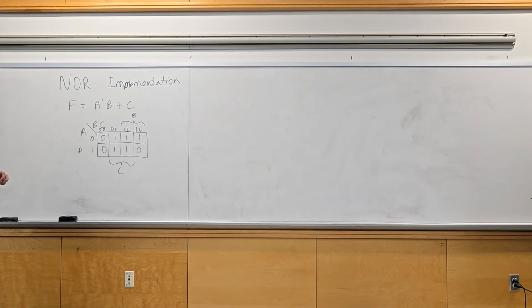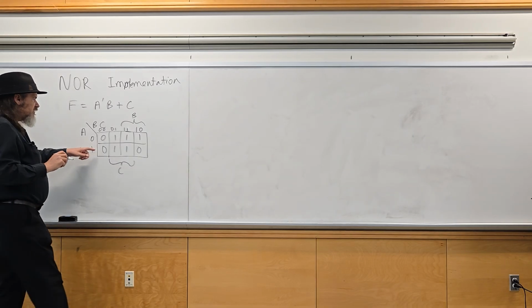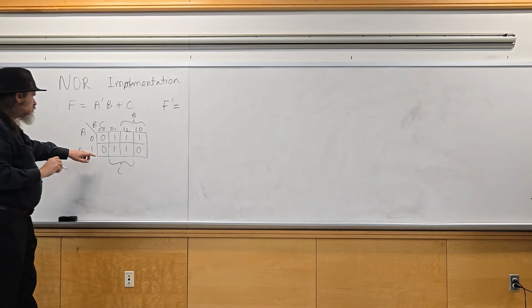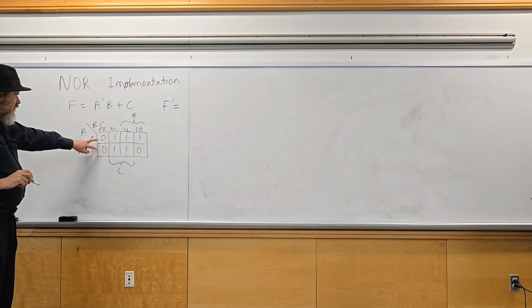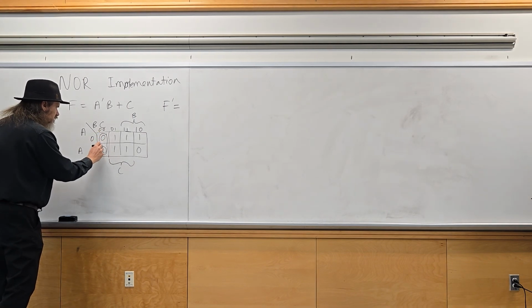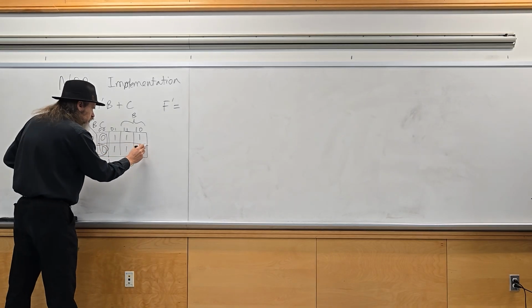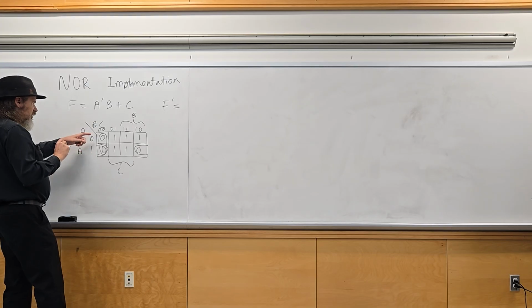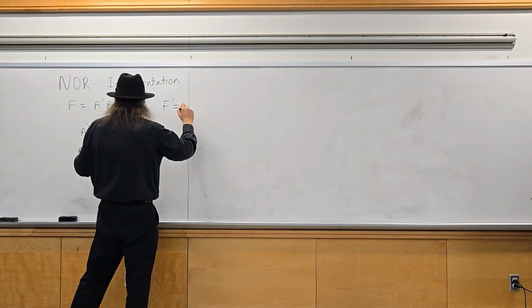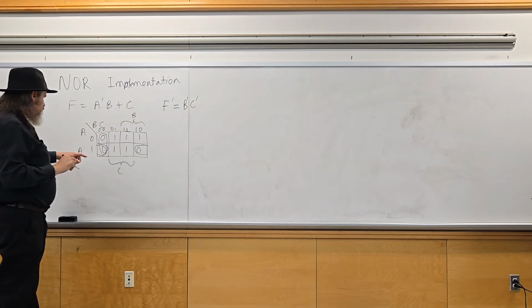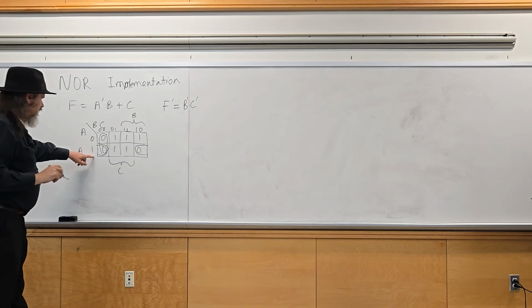Now you get the product of sums version from this. So you get F prime would be not C and here not C and not B, B prime C prime and A C prime.